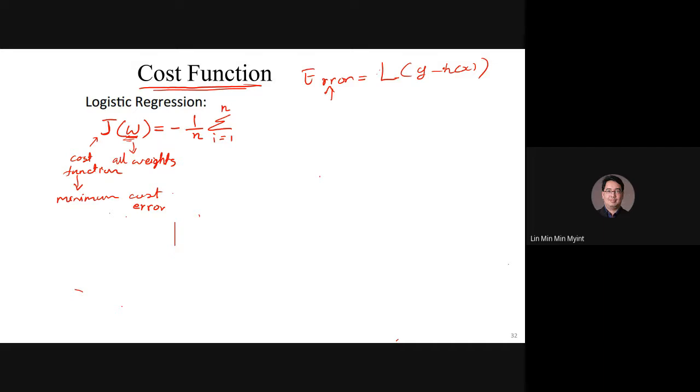So the n means the number of outputs, y_i log h_w(x_i) plus (1 minus y_i) log (1 minus h_w(x_i)).